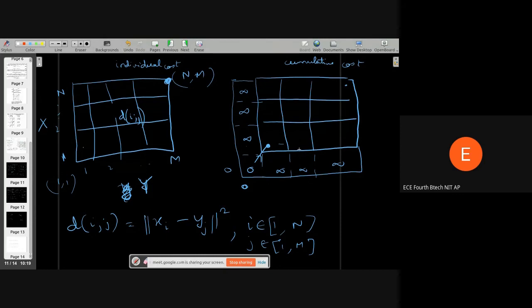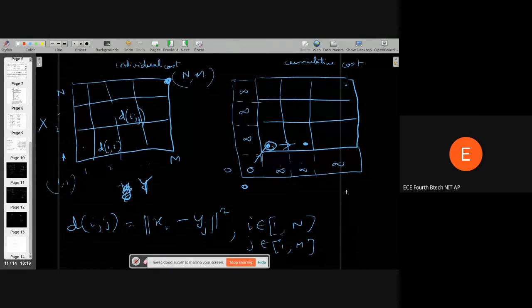Now, when you calculate the cumulative distance, you will go to here. One by one, you can do. This is infinity. This is infinity. You will obviously go from here. You will add whatever you have here, and then this distance, d12.